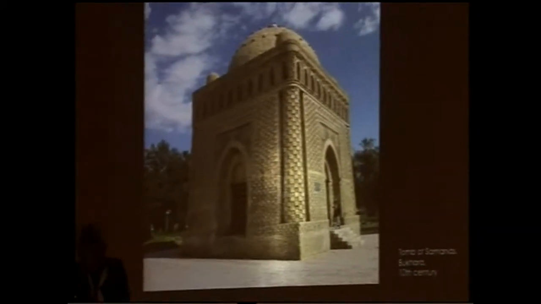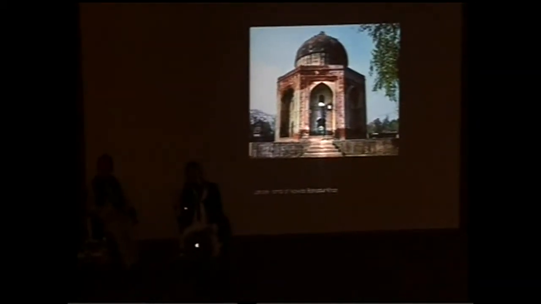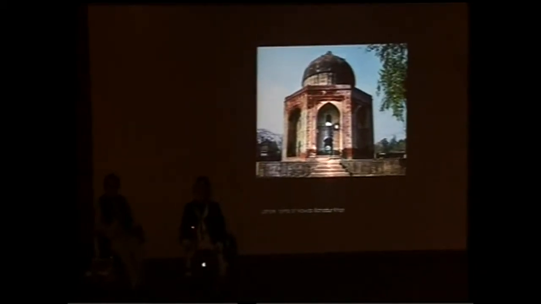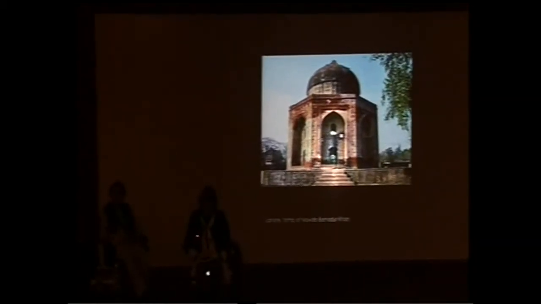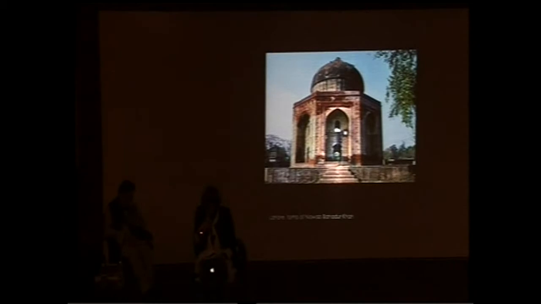Then the height can symbolize closeness to God, and when they are four-sided or eight-sided, they would be an allusion to the four or eight stages of paradise, as they are perceived according to certain ideas.